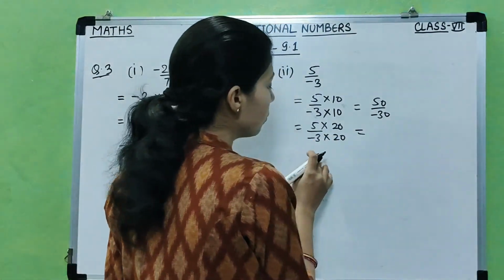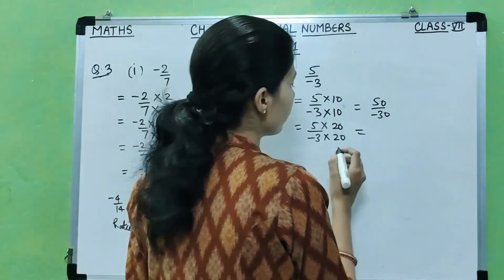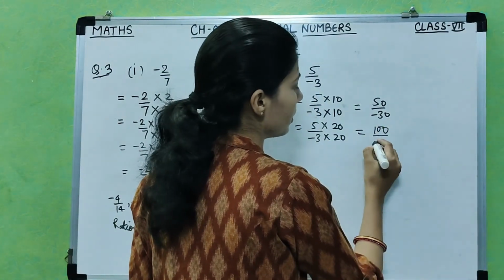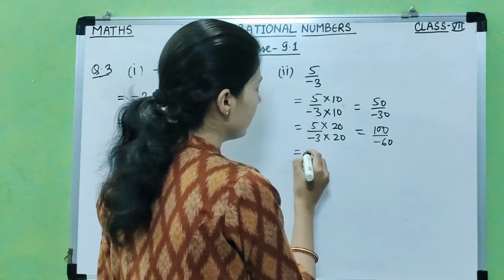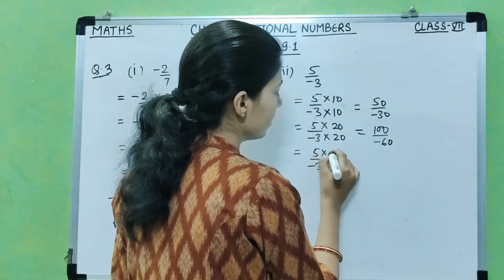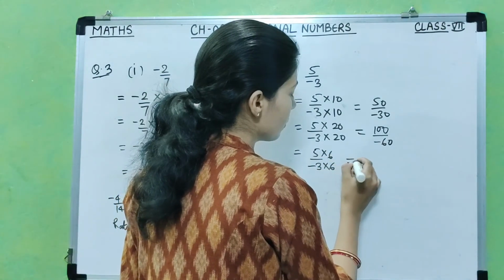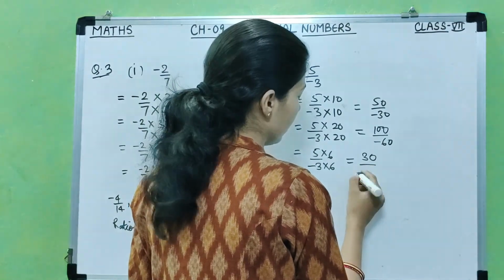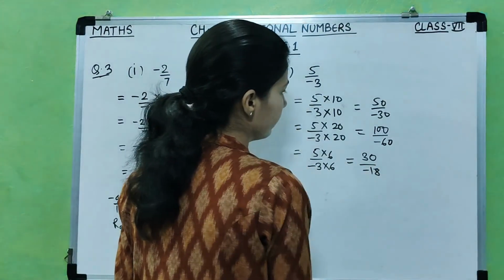Okay. So it depends on you what number you choose here. So 20 5s are 100 and 20 into -3 is -60. Similarly if we multiply 5 upon -3 by 6, so 6 5s are 30 and 6 minus 3s are -18.